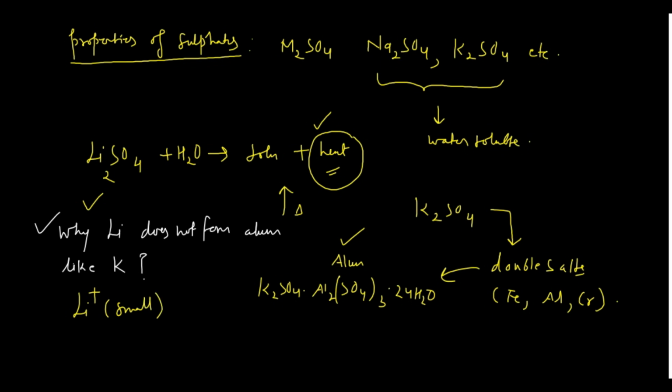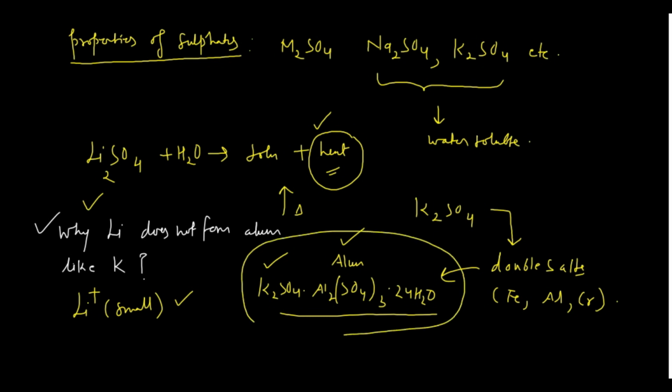Due to the extremely small size of lithium, it is not able to form the stable lattice required by the double salts, or the alum. Potassium is larger in size, so it can stabilize this crystal lattice, but lithium, due to its small size, cannot. That's why the alums of lithium are not known.